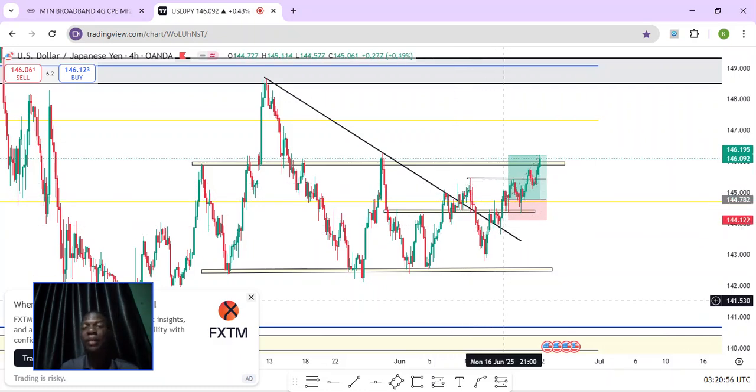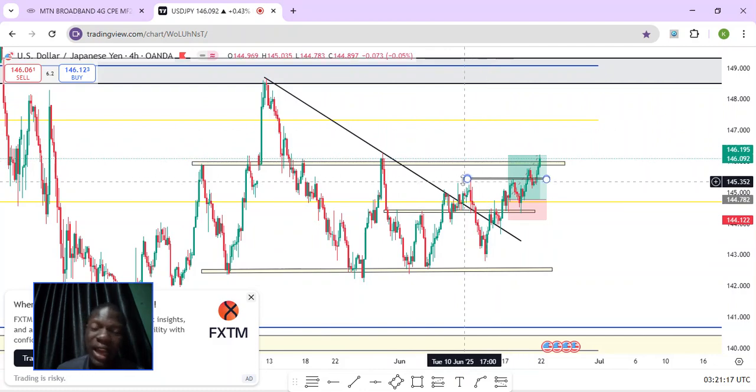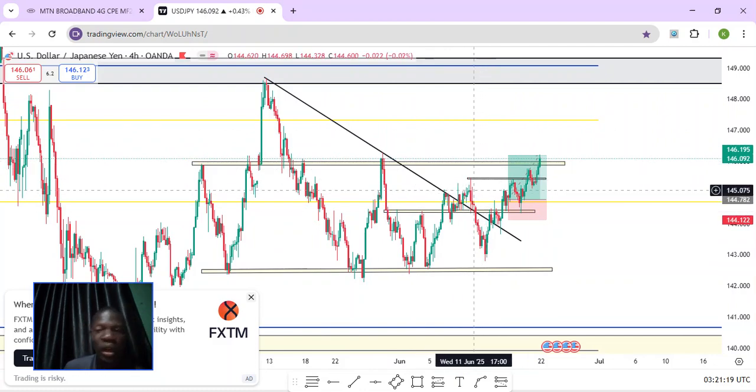So the market came into the trend line one more time. Although at this point I was being skeptical, not really skeptical, but I was thinking, if at all the market is going to go all the way to the upside, it will at least come to break the countdown trend line one more time, because in this case I don't actually see it break through.